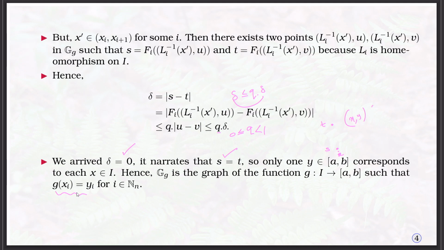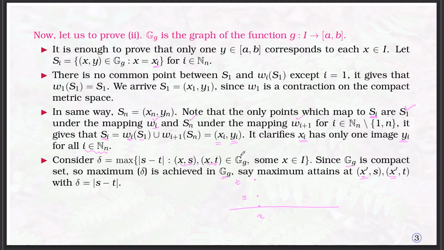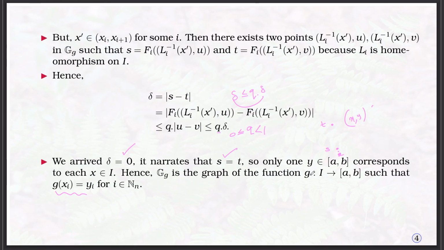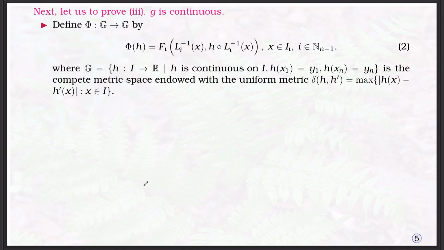How do we arrive at g of x_i equal to y_i? Because of how we defined the set S_i. Therefore, G is the graph of the function mapping I to [a, b] such that we get g of x_i equal to y_i for all i belonging to 1 to n. Then we have to prove that g is continuous.